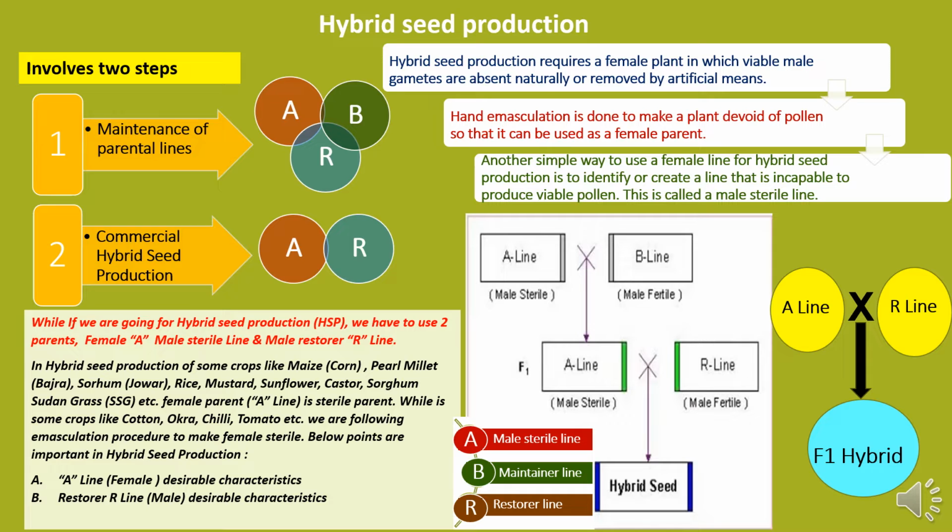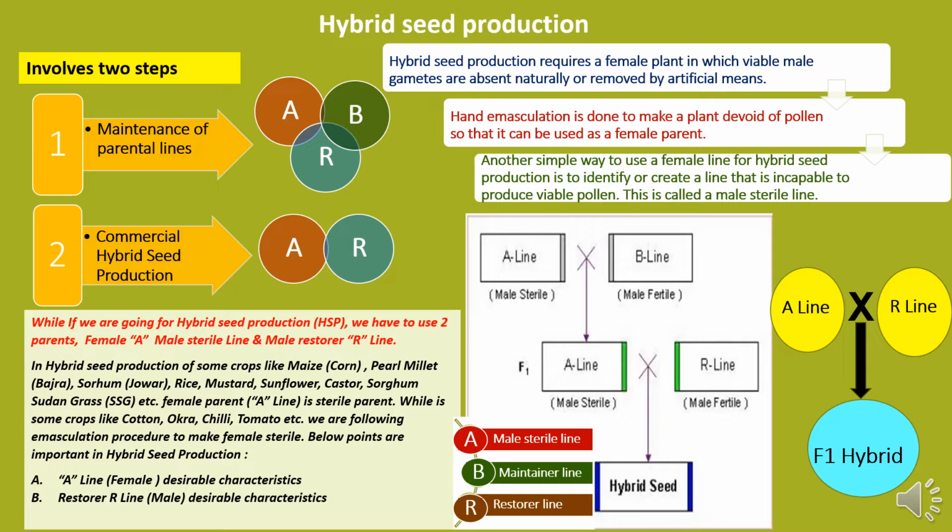In hybrid seed production, the lines which are used for production are the A line, whose desirable characteristics are very important, as well as the restorer R line, about which we will discuss in detail in coming slides. Here we have shown the diagram of how hybrid seed production is done and how the lines are multiplied.